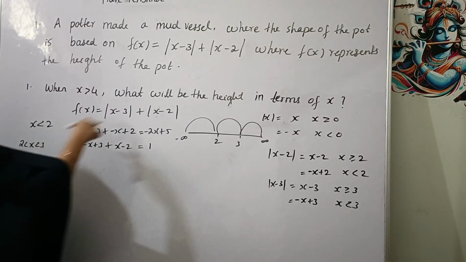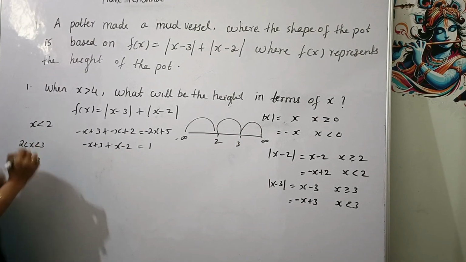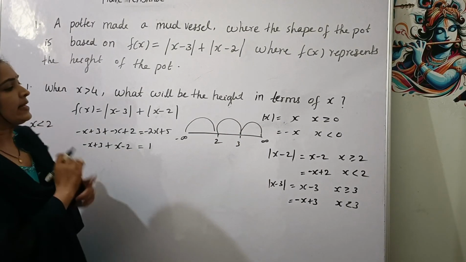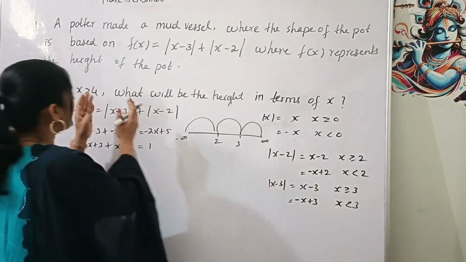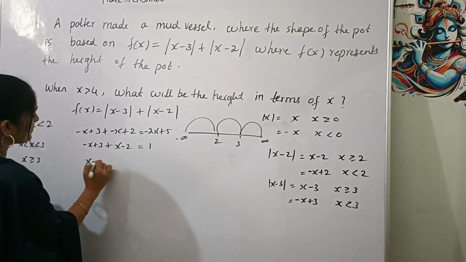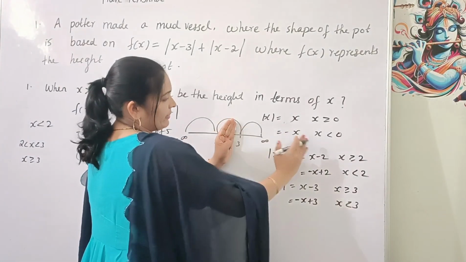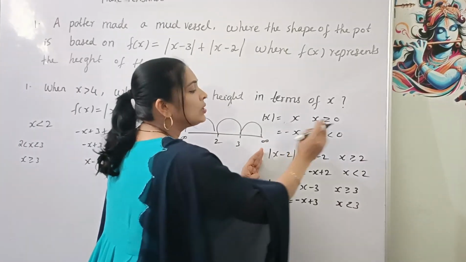Next interval, 3 to infinity, that is x greater than or equal to 3. When x is greater than or equal to 3, what is |x - 3|? It is x - 3, plus, in this interval, |x - 2|.